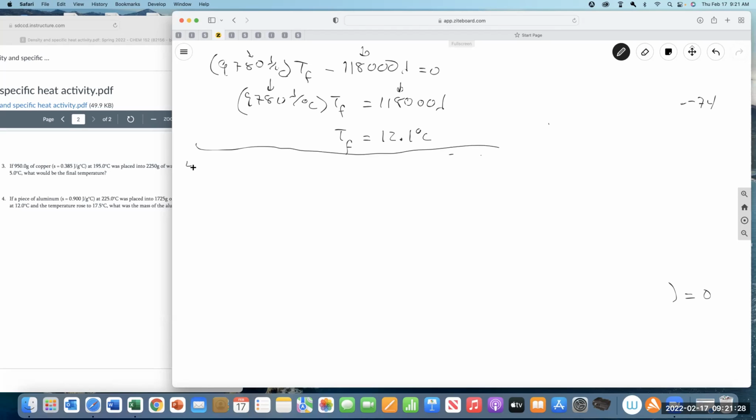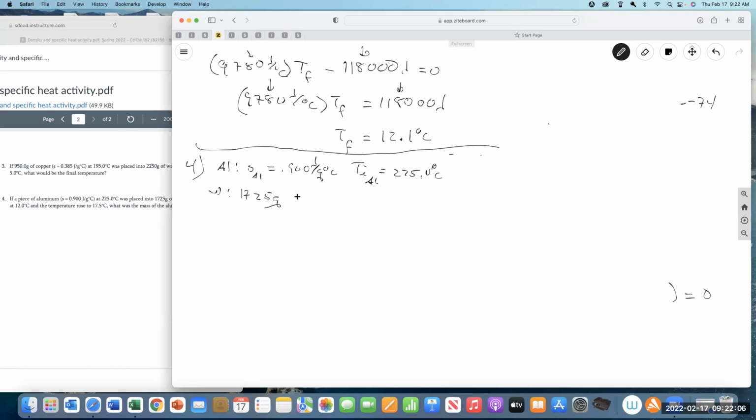All right, number 4, we have aluminum, and its S is... we have TI for the aluminum is 225. Well, for the water, we have mass of water. We have 1725 grams.